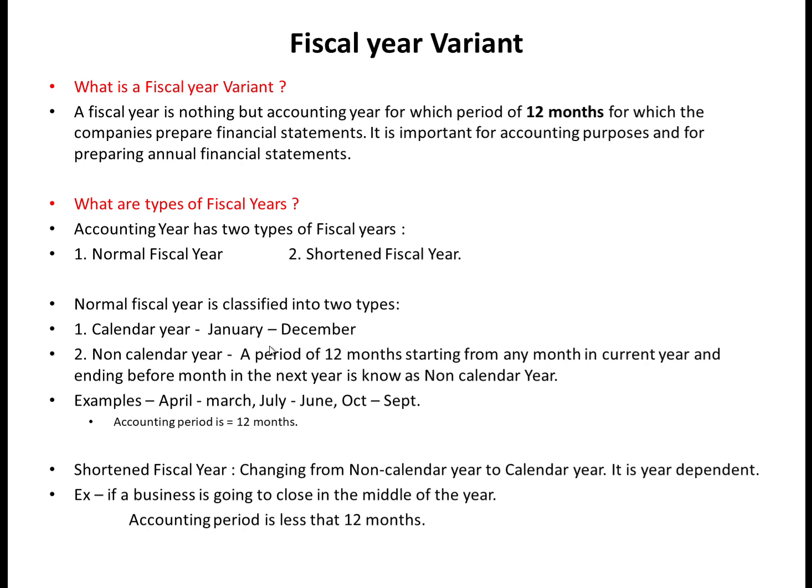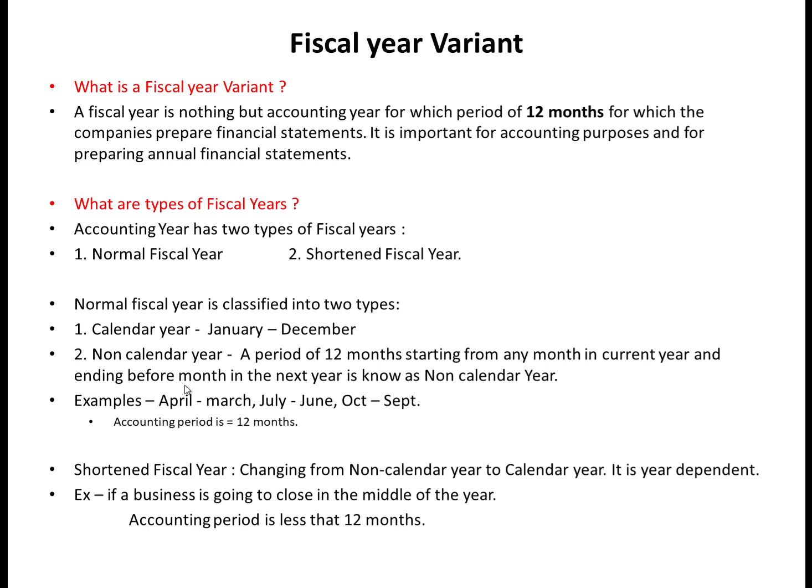A non-calendar year is, for example, April to March: in April 2024 the financial year starts, and in March 2025 it ends. So a year that starts in a month of the current year and ends in the previous month of the next year is known as a non-calendar year.